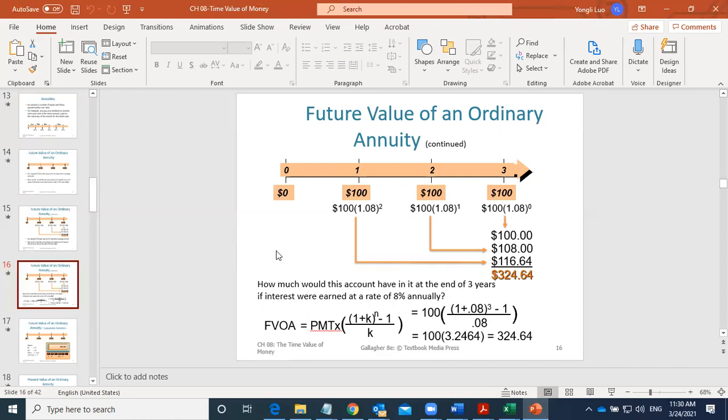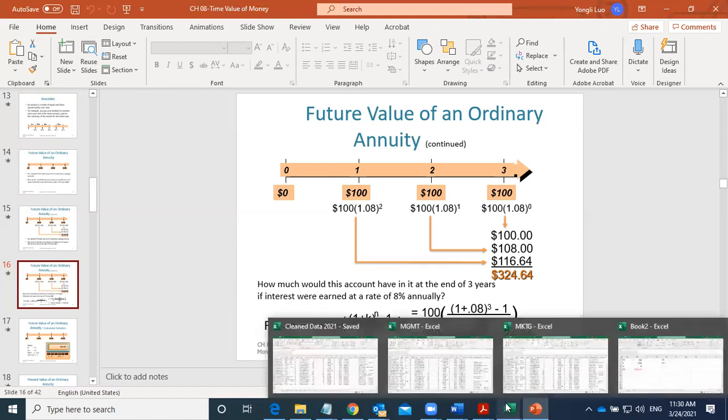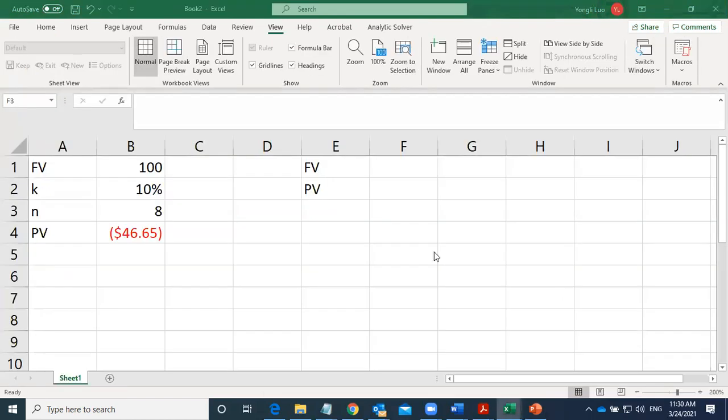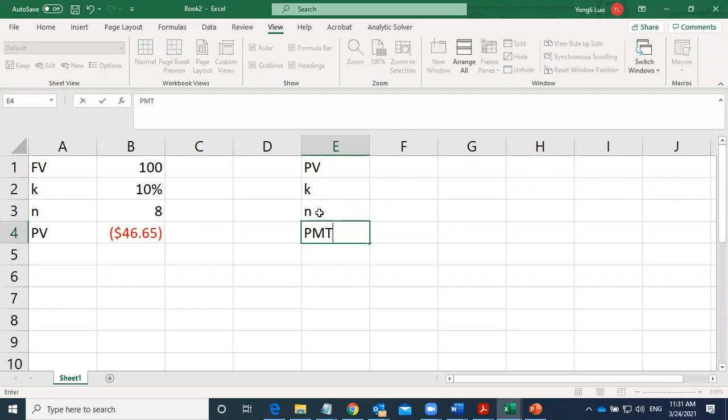Can you use Excel to do this? Yes, of course. Okay, so you do this question. You have present value, k, n, and payment, and what you need to calculate is the future value.